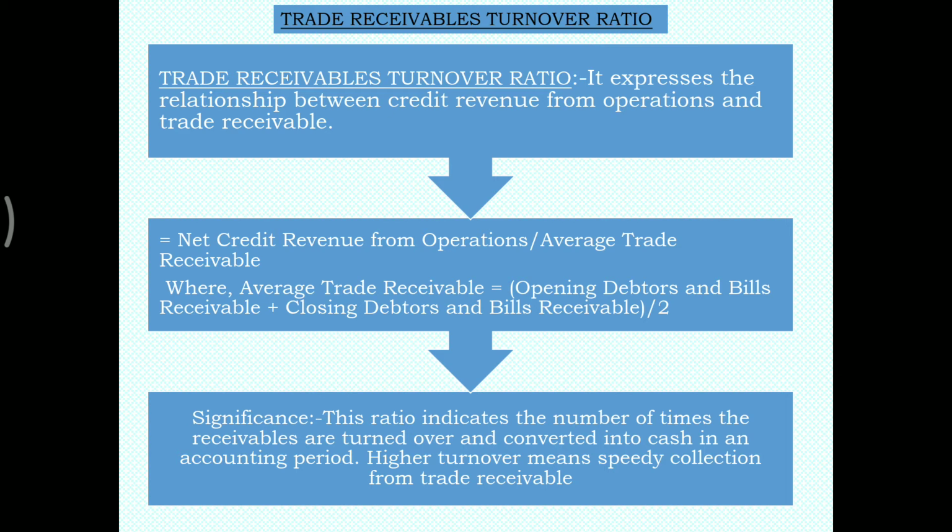It is equal to net credit revenue from operation divided by average trade receivable. Student, I think you can calculate average trade receivable on your own: opening trade receivable plus closing trade receivable divided by 2. Okay.